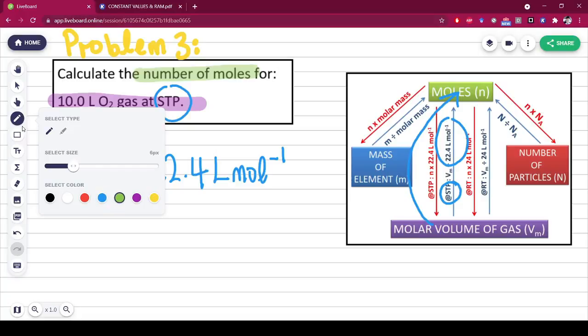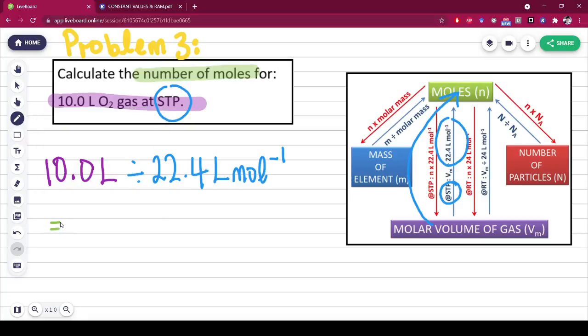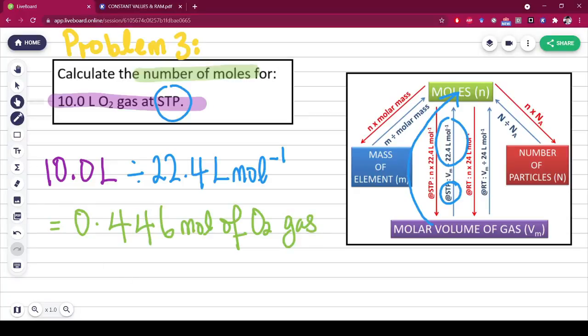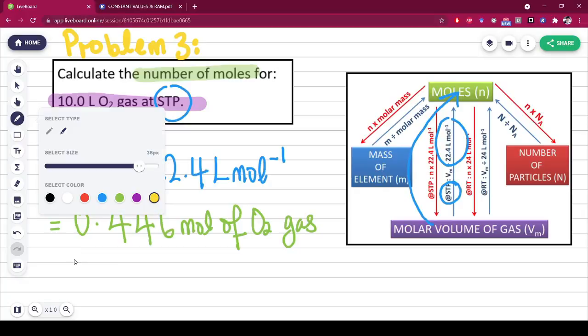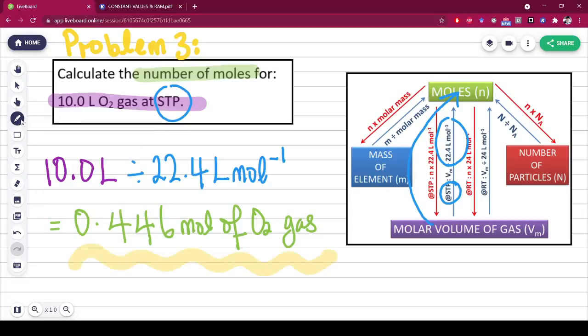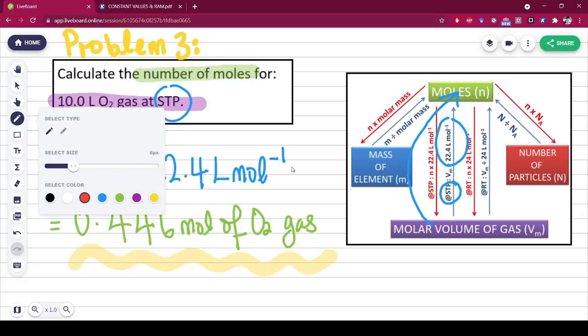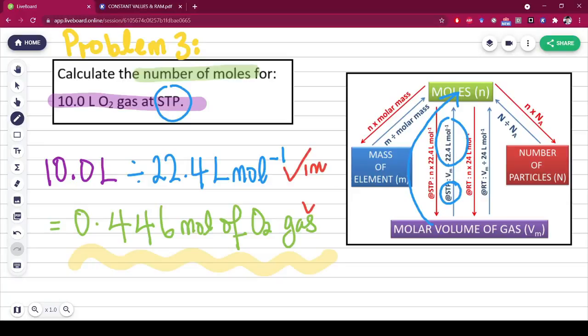And after you're calculating that by using a calculator, you would be able to get 0.446 mole of oxygen gas. Okay, so that is the final answer, and you get 1 mark for that one and 1 mark for this.